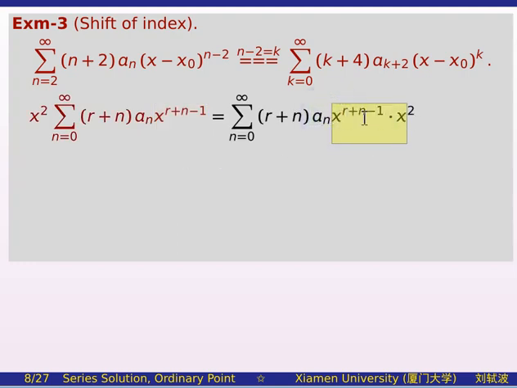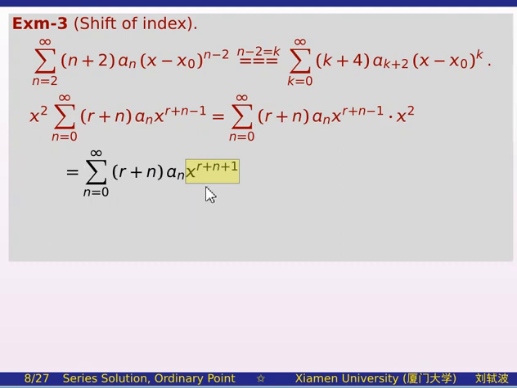So the power is r plus n plus 1, because minus 1 and plus 2. Combining the powers of these two terms, we get this term, and the other part is copied.